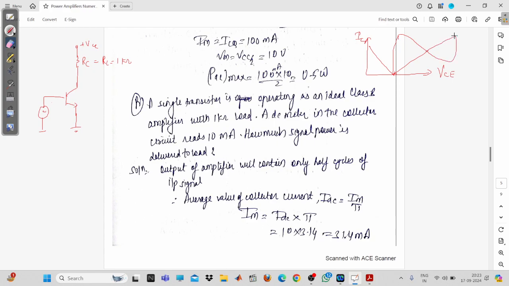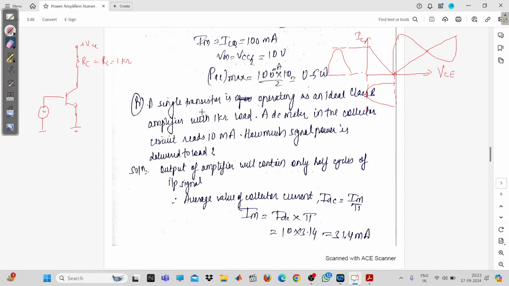From this figure, you can say that the negative part has entered into the cutoff region, and as per the rule, only the signal which is in the active region can be amplified. So you are not going to have the amplification of the negative signal. You will get only one half of it. Again here you get one half of it. That's why we have to connect two transistors.